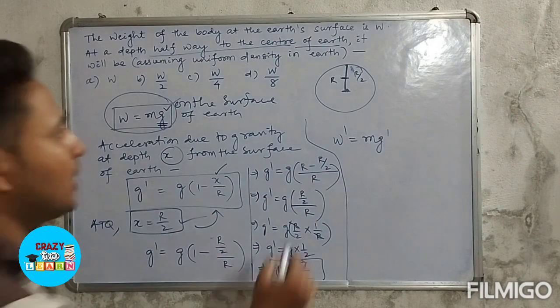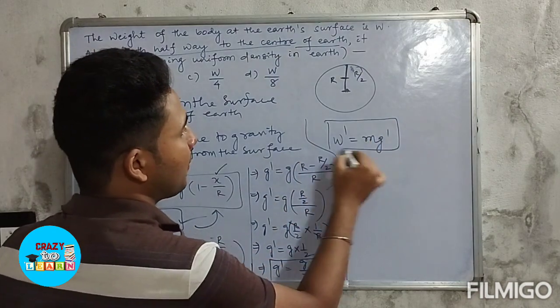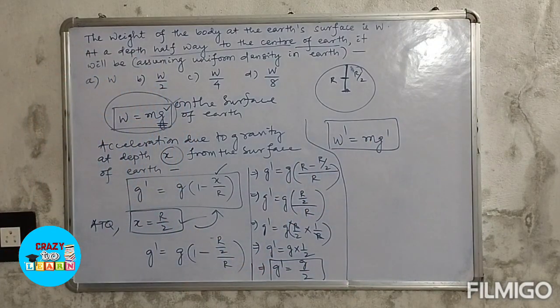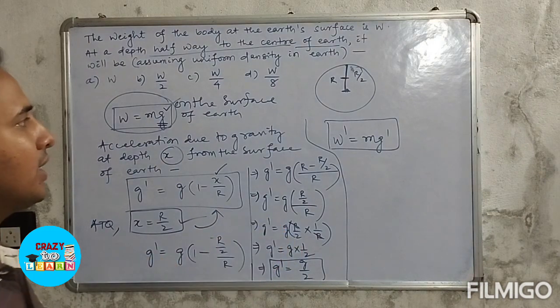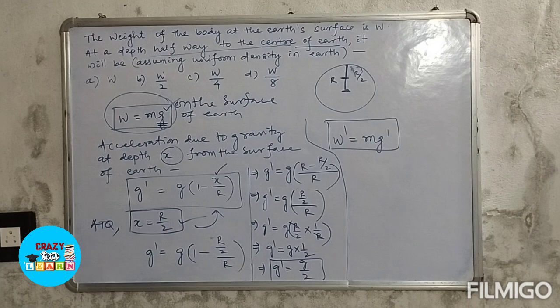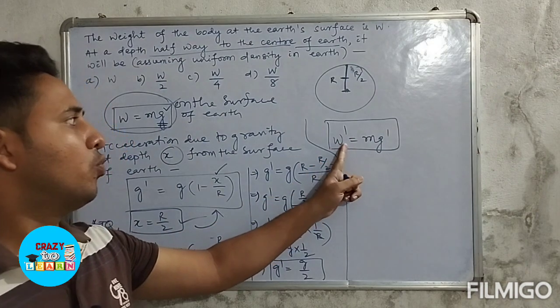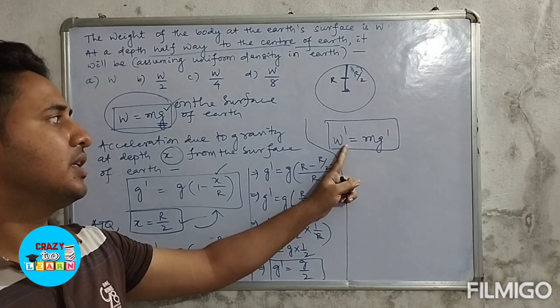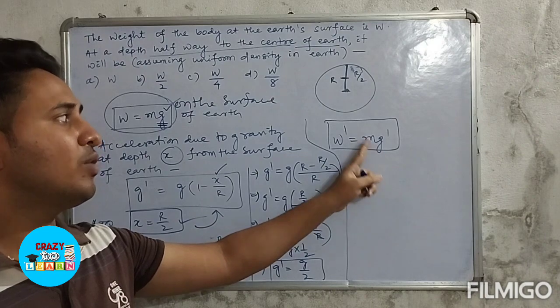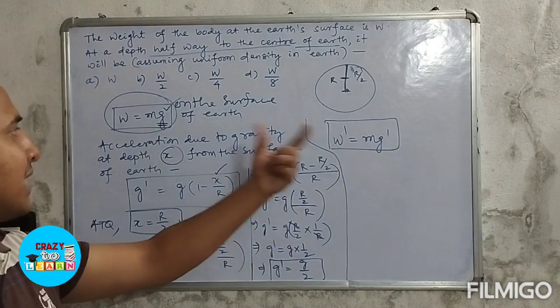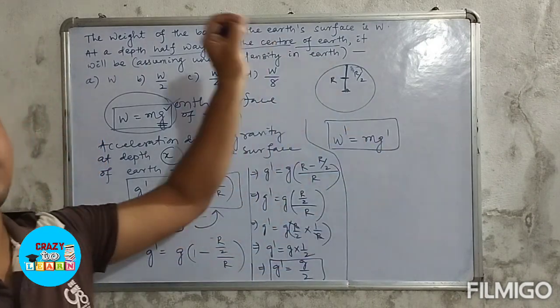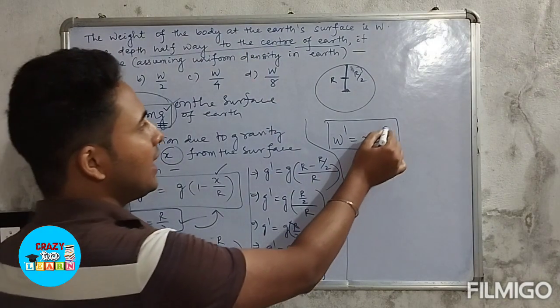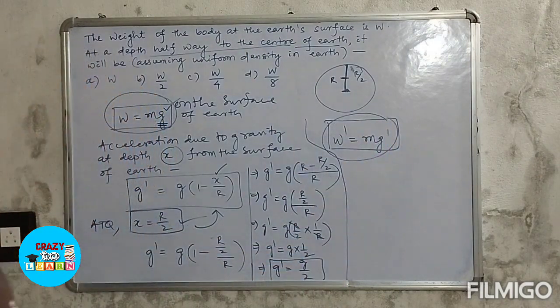Now come to our formula. Weight of the body at some depth is equal to mass of the body into acceleration due to gravity at that depth. So the formula becomes W dash is equal to mg dash.